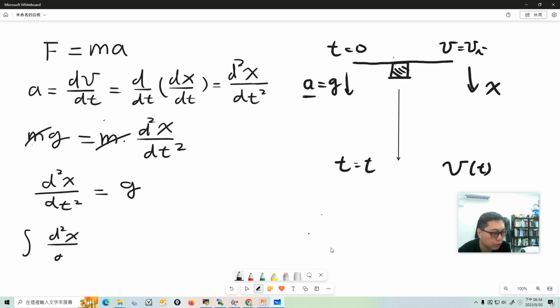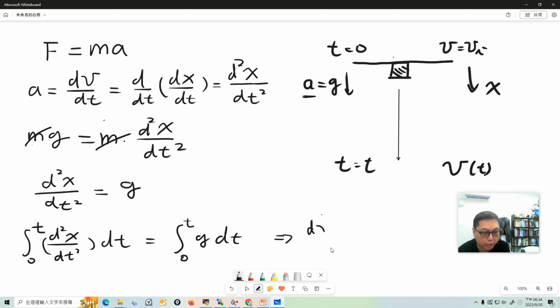We do the integration with respect to t on both sides. The initial time is 0, and at a later certain time I call it t. When I do the integration for the left hand side, you just watch me.